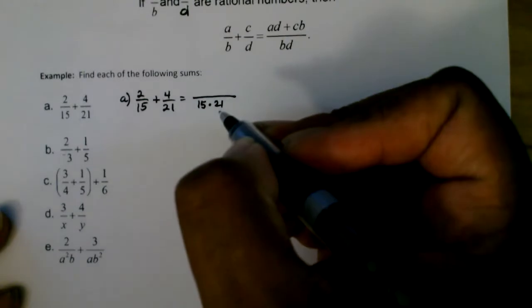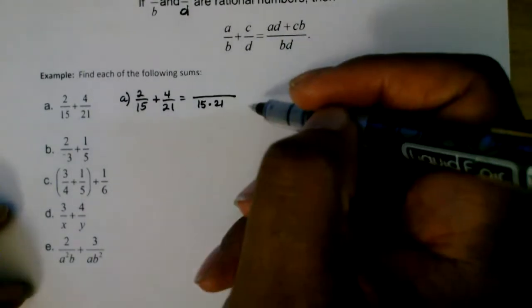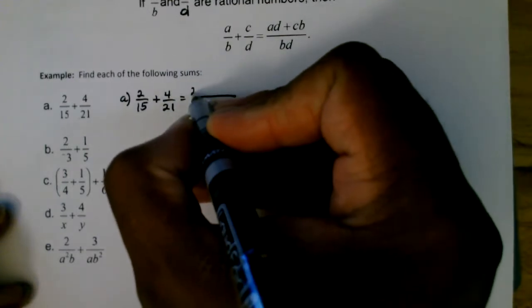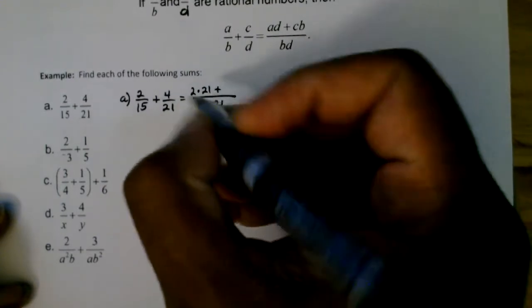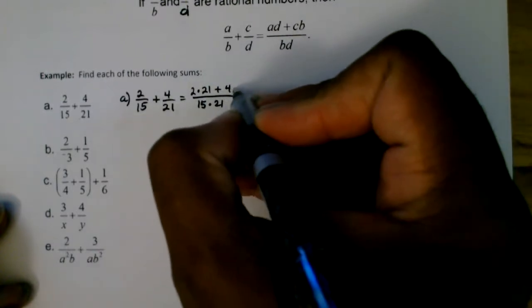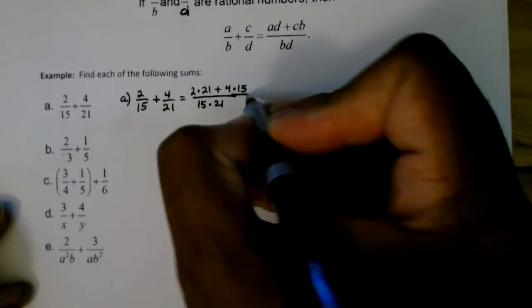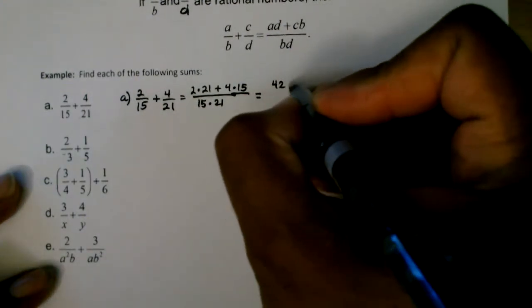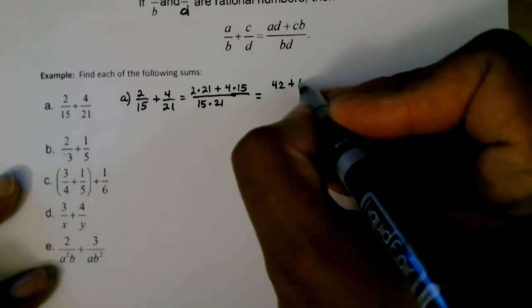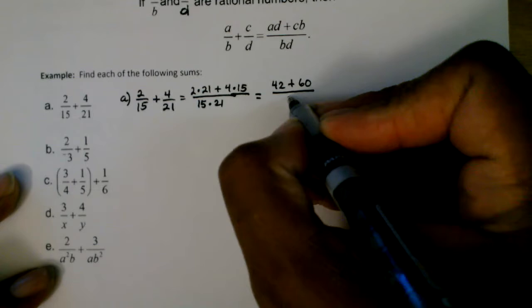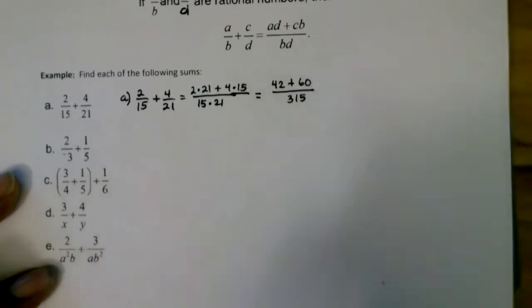And then to get my numerators, I'll do a little cross multiplication with the 2 and the 21. So that's 2 times 21 plus 15 times 4, or 4 times 15. It does not matter which one goes first. If I do 2 times 21, that's going to be 42, plus 4 times 15, that's 60, divided by 15 times 21. This will end up being 315.